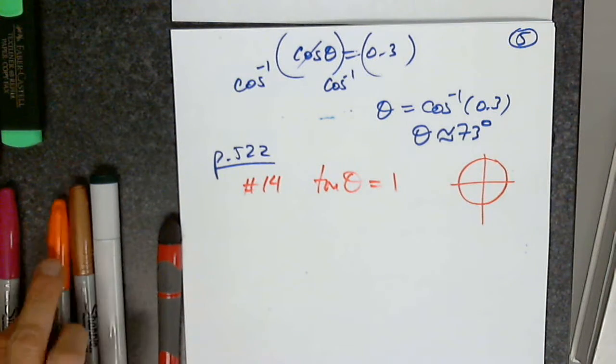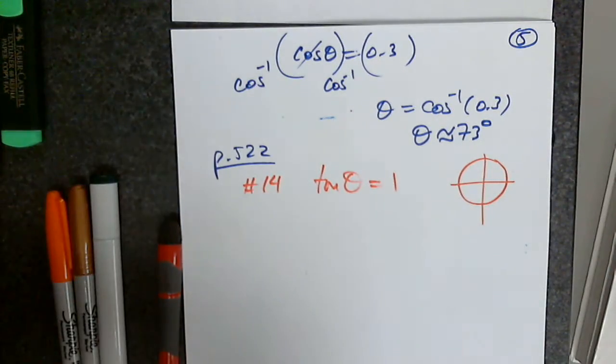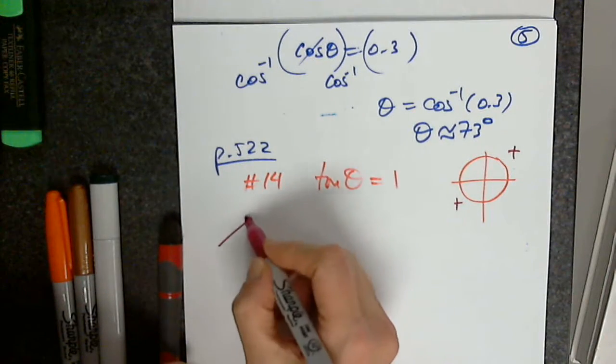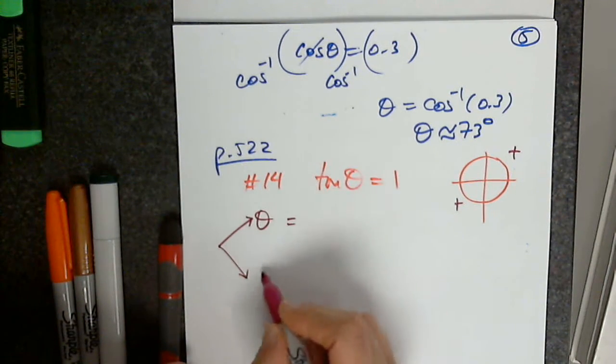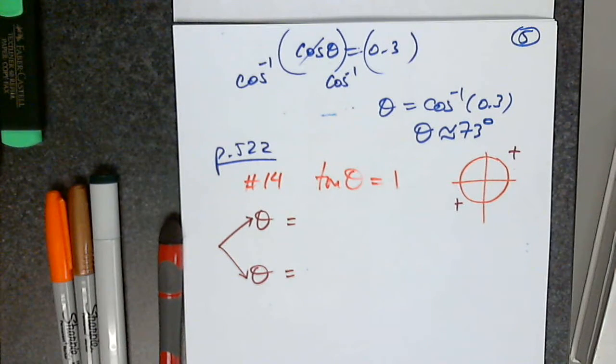Tangent is positive when both sine and cosine have the same sign. So I already know that I will have two different thetas, one that ends in the first quadrant and one that ends in the third quadrant. Which theta ends in the first quadrant? There is only one angle whose tangent is 1, because there is only one angle for which sine and cosine are equal.